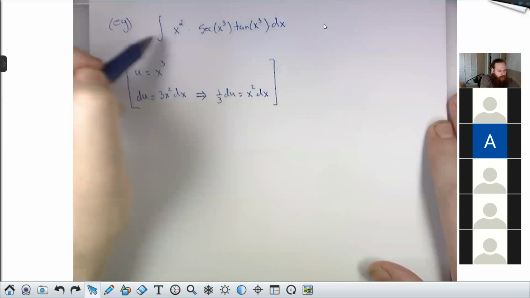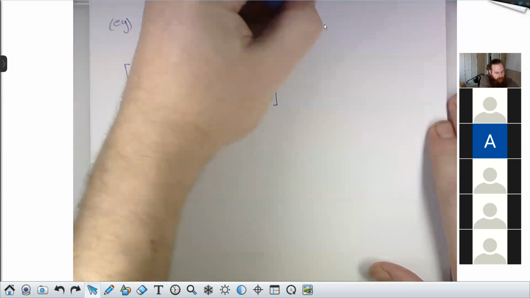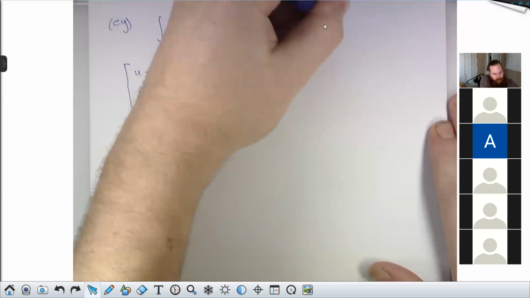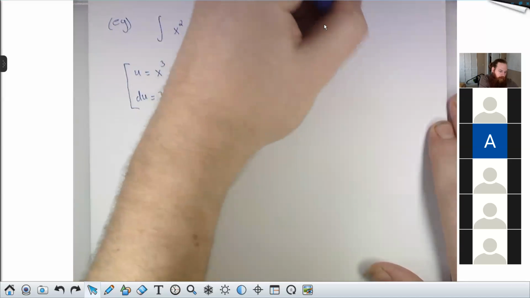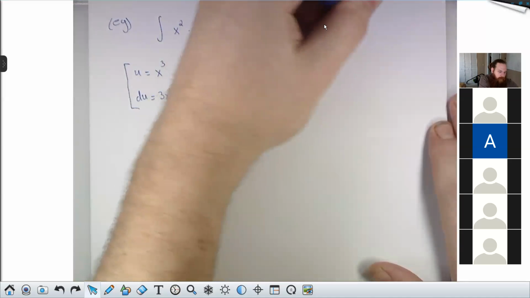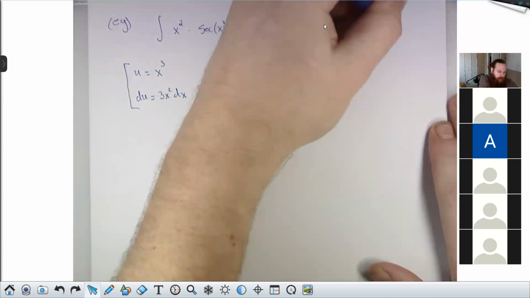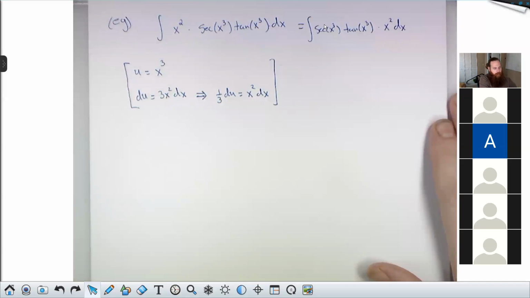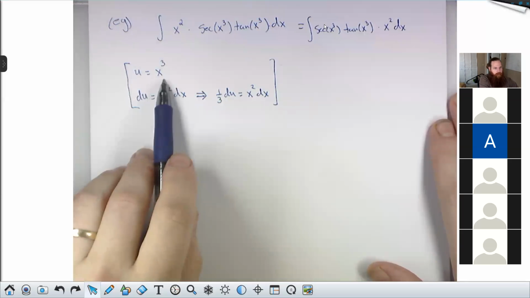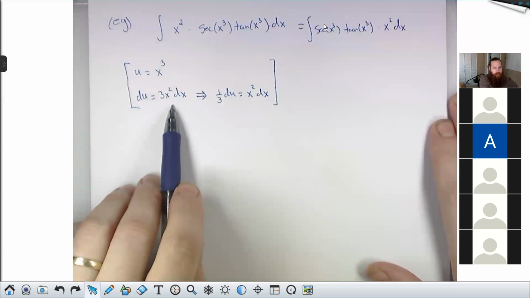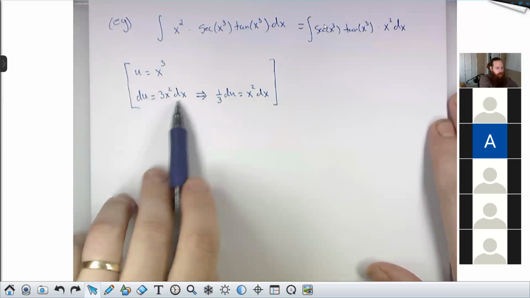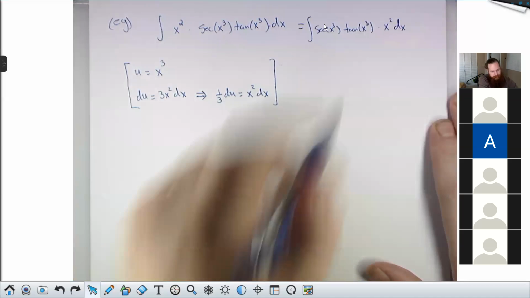So I could reorder this as the integral of secant x cubed tangent x cubed times x squared dx. And when I make this substitution, I get an x squared dx. X squared dx, if you divide both sides by 3, is 1/3 du.